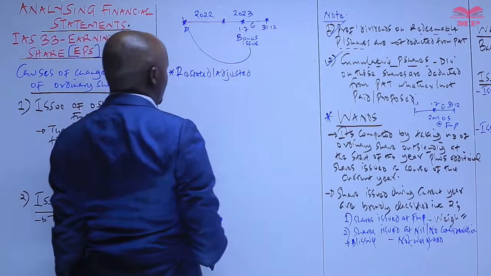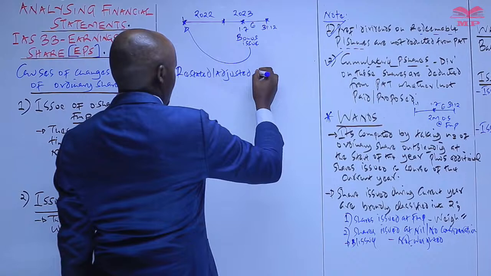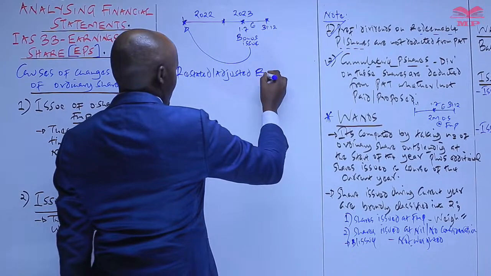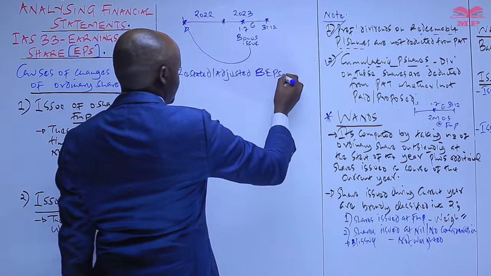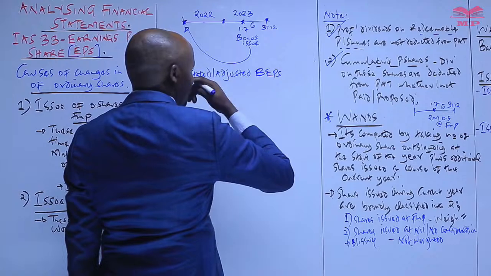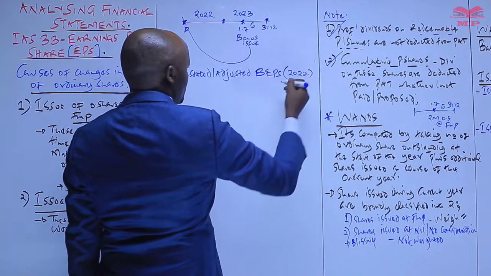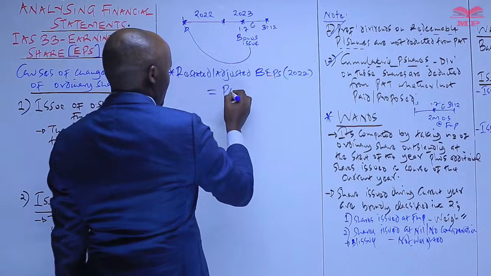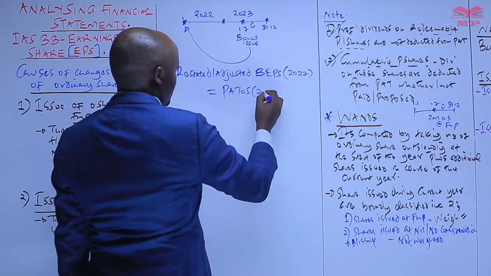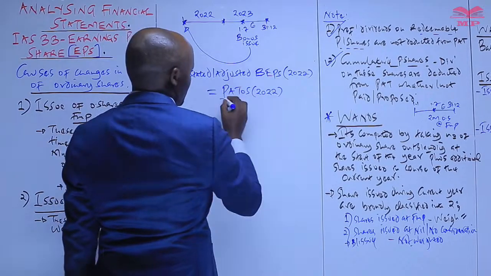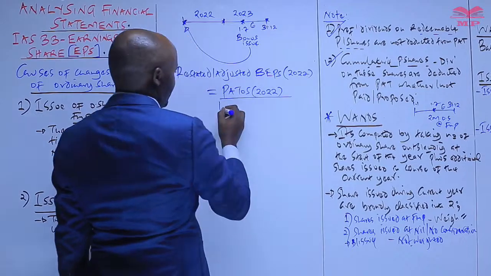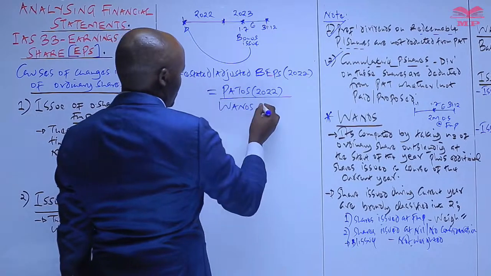So how do we compute this adjusted or restated earnings per share? And that is basic earnings per share of the previous year. That is now the year 2022. So what we do, we take the PATOS, the profit attributable to ordinary shareholders for 2022, and then we divide that with one-offs. We know how to compute one-offs for 2022.